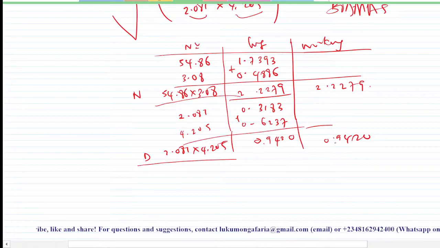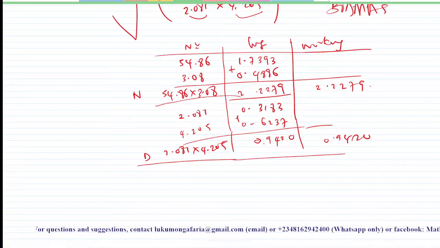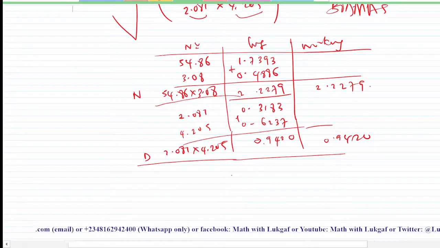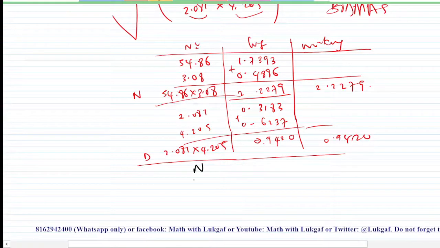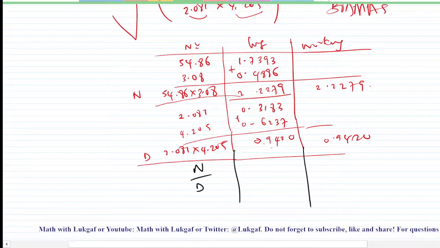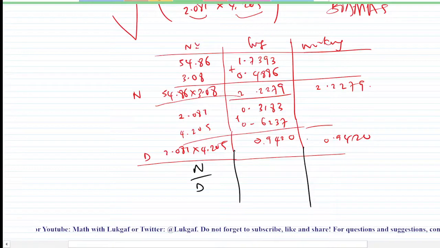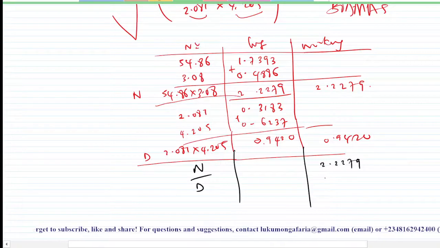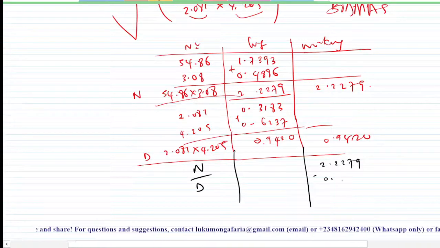Let me change my pen so as to make it clearer. So now, you can have numerator divided by denominator. You understand now? So numerator divided by denominator means you have to subtract what you have in the denominator from the numerator, that's 2279 minus 0.9420.